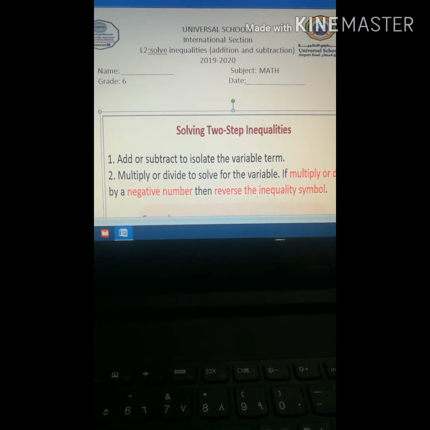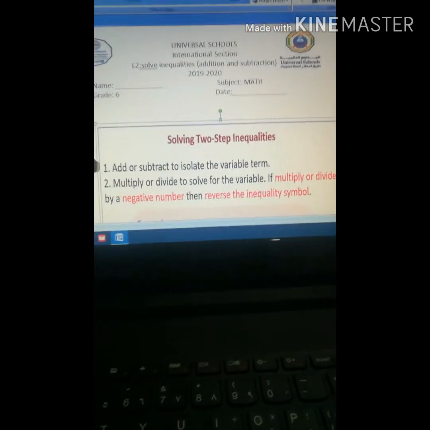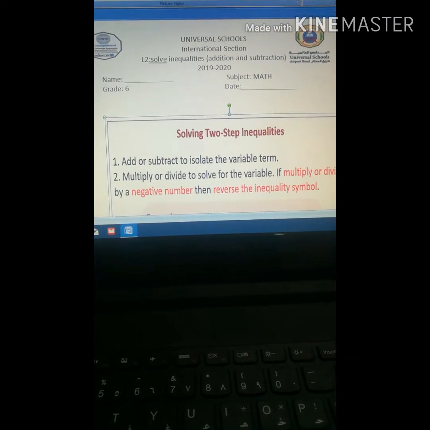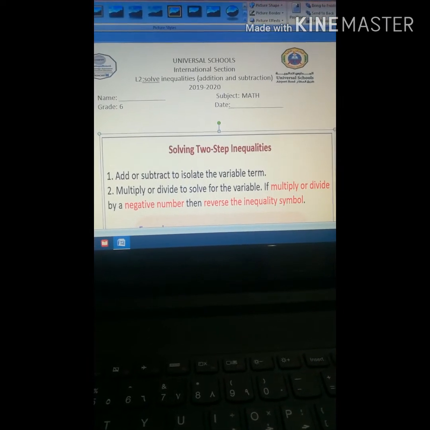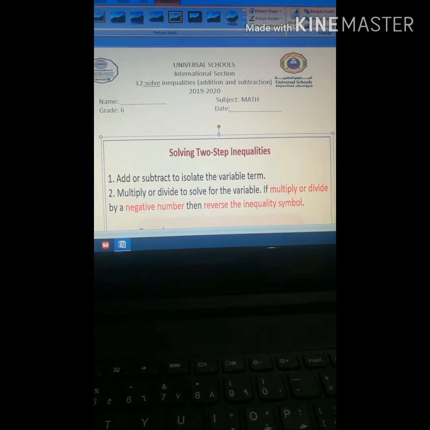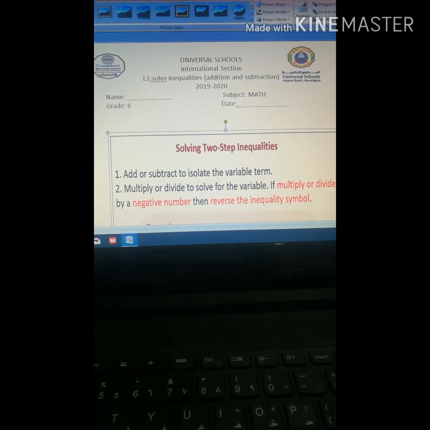Solving two-step inequalities. The first step is to add or subtract to isolate the variable term. That means when you have addition or subtraction, you're going to isolate the variable.